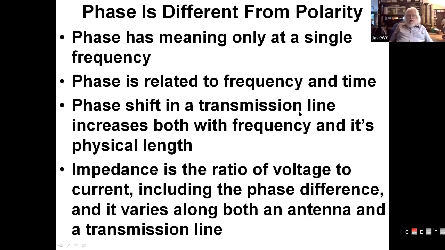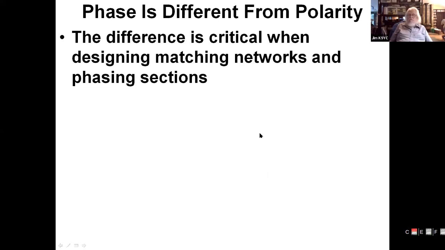This can be a very big deal in a broadband antenna. So it's important to understand the difference between phase and polarity. And I've been lecturing about this since I learned about it, roughly more than 50 years ago in the pro audio world.